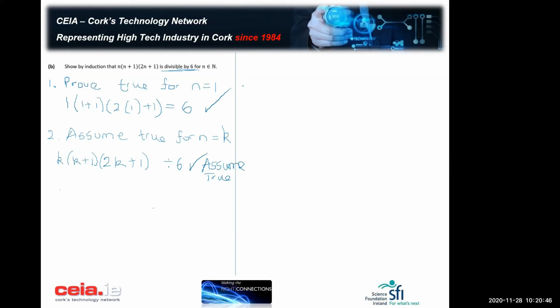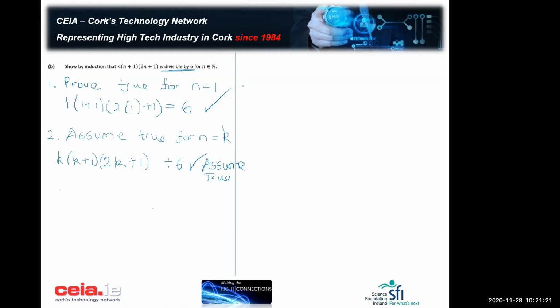So k just represents another variable; you have to prove it's true for any k. In the steps required for induction, k is just introduced as the letter. It could be y or x. So we're just picking k as any variable. We slot it in and assume it's true for n is equal to k, and that's the formula that you have here, which is divisible by 6.